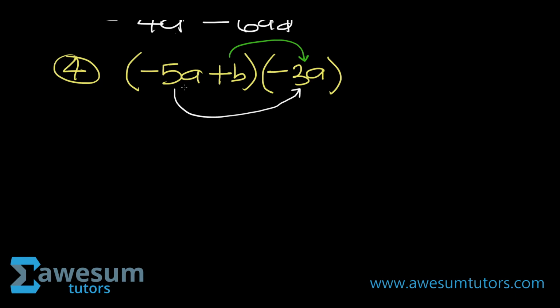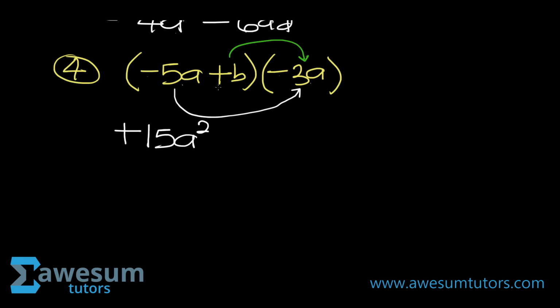Negative 5a multiplied by negative 3a. We're going to have negative times negative, which will give you positive. 5a times 3a will be 15a squared. Very good. Now we have done that part.